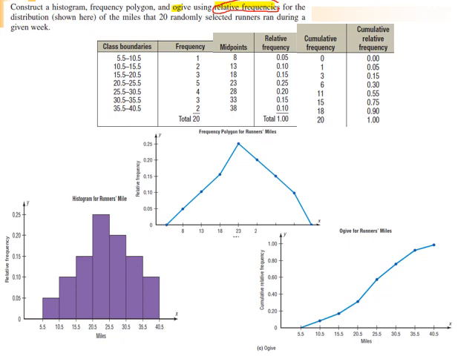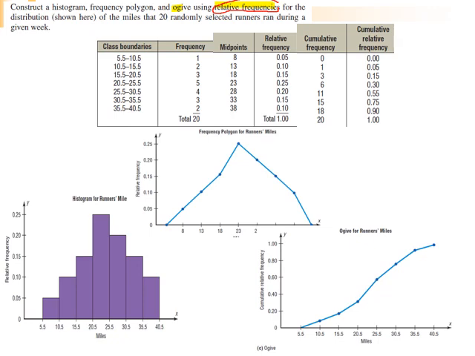This is the relative frequency for the first class, which is equal to 1/20 equal to 0.05. 2 over 20 equal to 0.1. 3 over 20 equal to 0.15, and so on. This is the relative frequency column and will be represented on the y-axis or the vertical axis in these three charts.